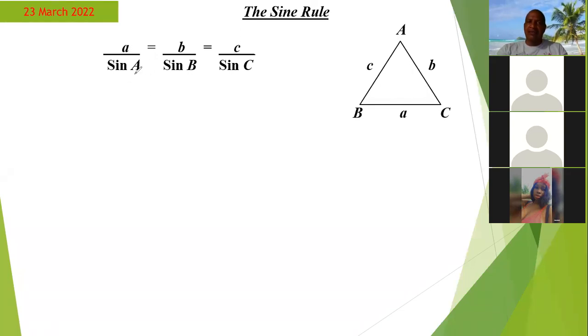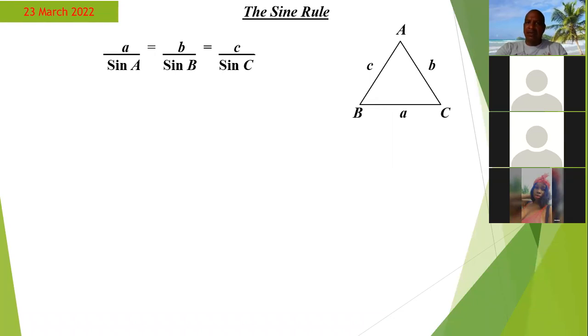So suppose we have the angle A and the angle B and the side B, and we want to find the side A, then we would only choose this part of the equation. So it is based on what angles and what side are given and what side they are trying to find. That's how we use it. When we look at some examples, you'll have a better understanding of how to do that. All right, so this is the sine rule.